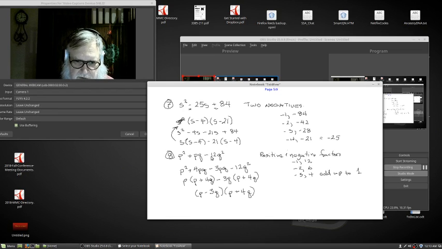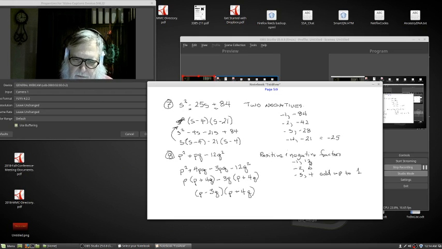We could actually just treat this as a constant. We also notice that this is a negative, so we have to have a positive and a negative. And we want the positive one to be larger in absolute value, so that we end up with a positive 1 here.